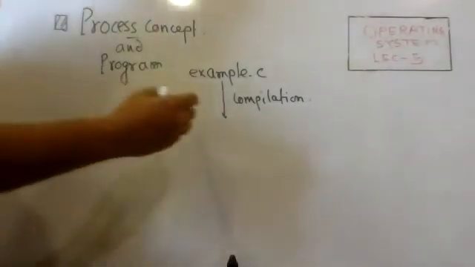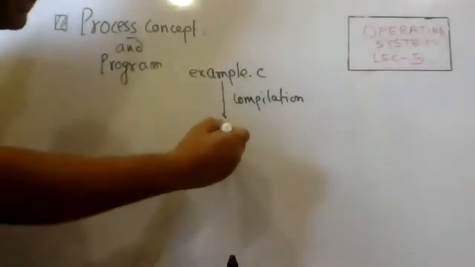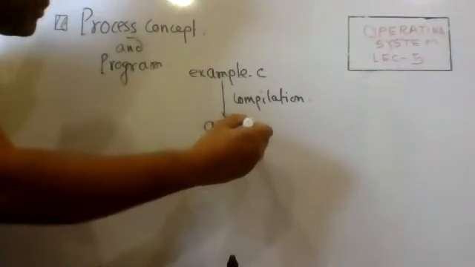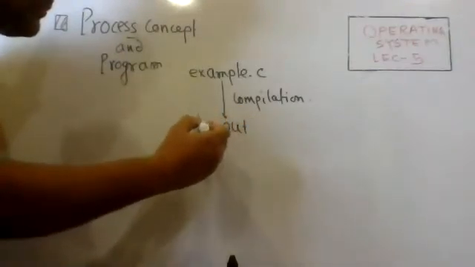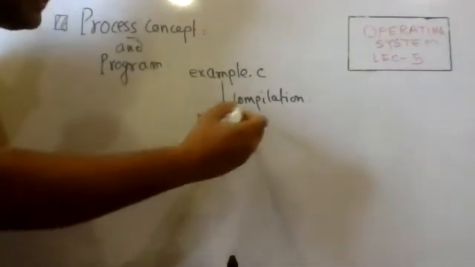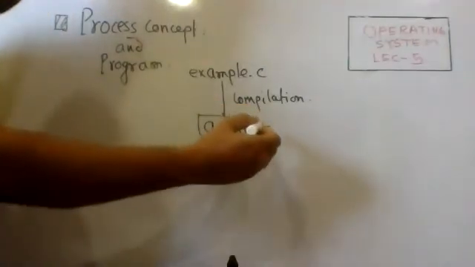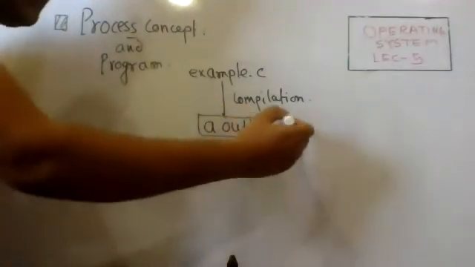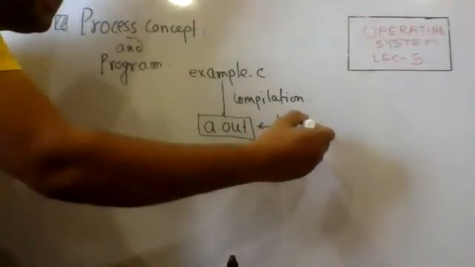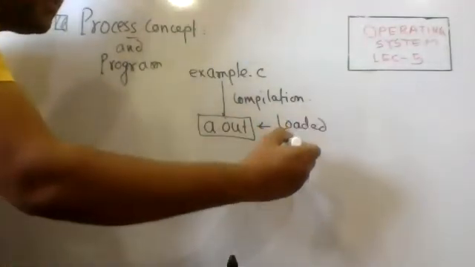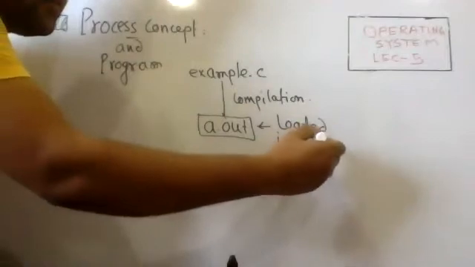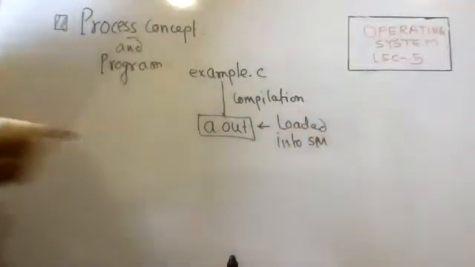This executable code is actually nothing but a.out, and it is loaded in secondary memory.